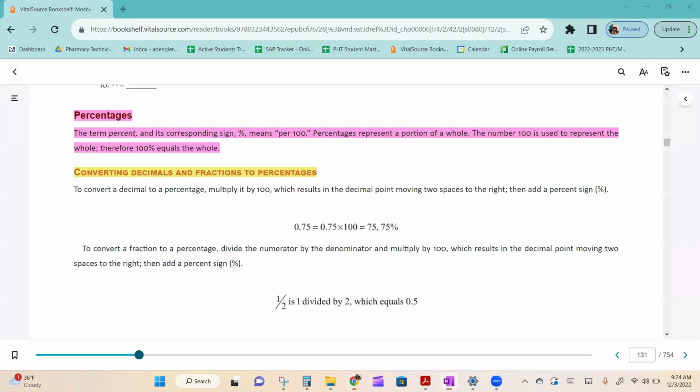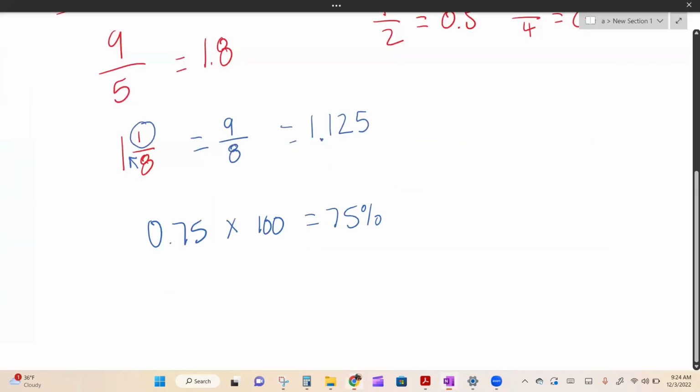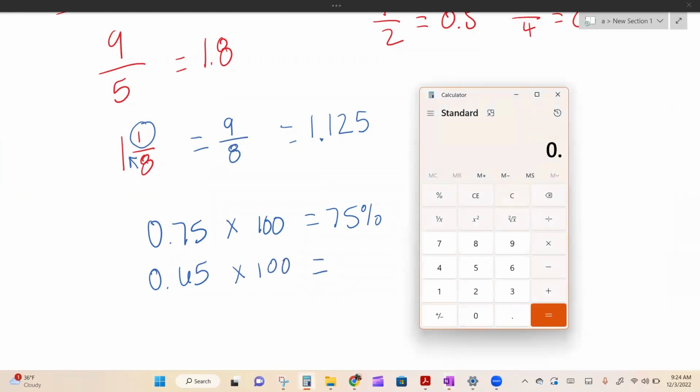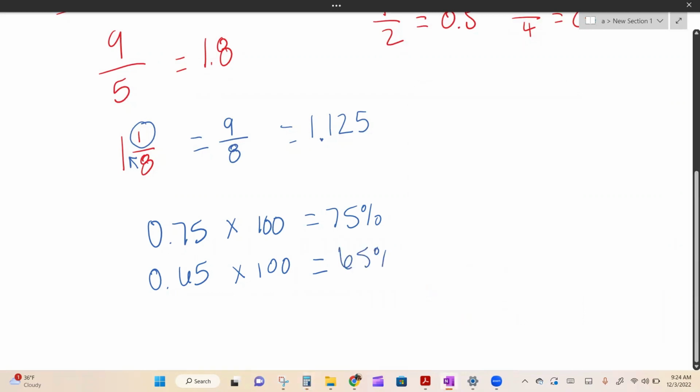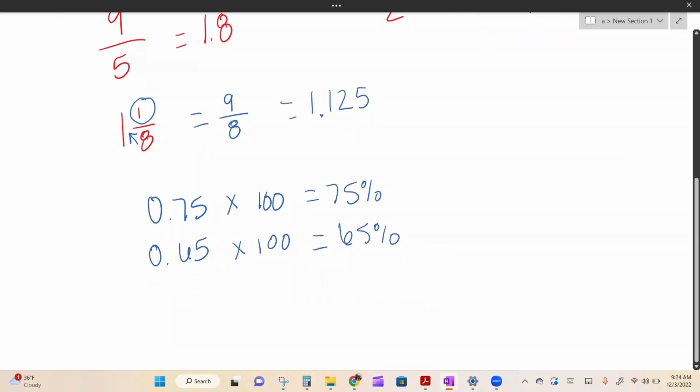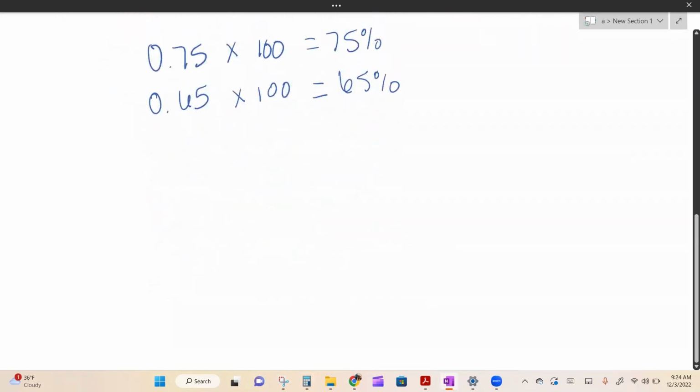And we get 75%. So if we had 0.65, we would multiply that by 100, and we would get 65%. So that's how you do those.